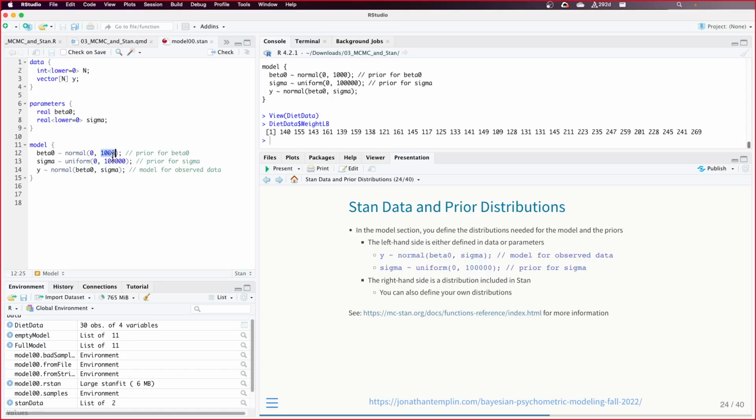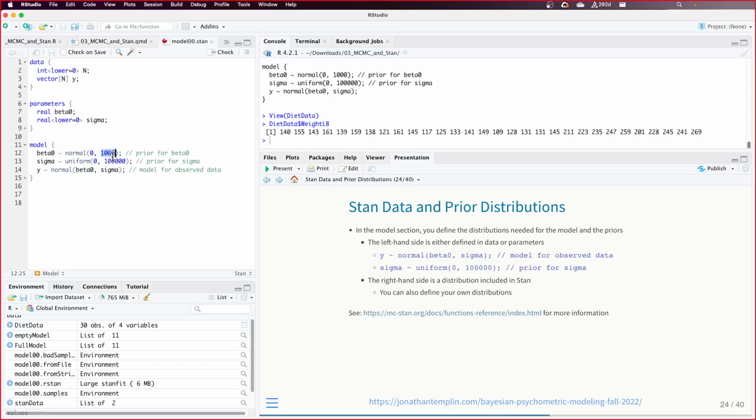But if the mean is 300,000, that's going to be off. And the posterior, the next step of that, will refine this wide range into what fits with the data. We'll talk more about that.